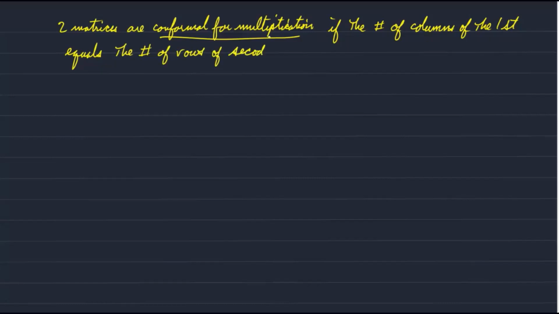So that's the requirement for two matrices to be conformal for multiplication.